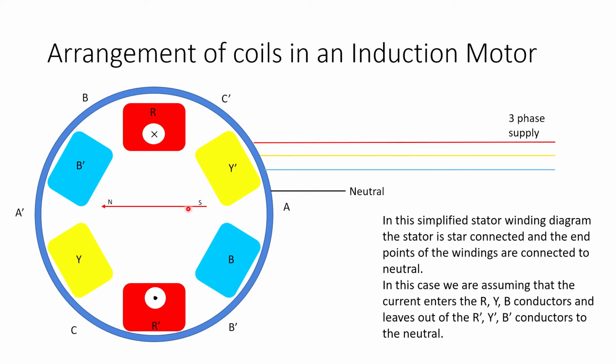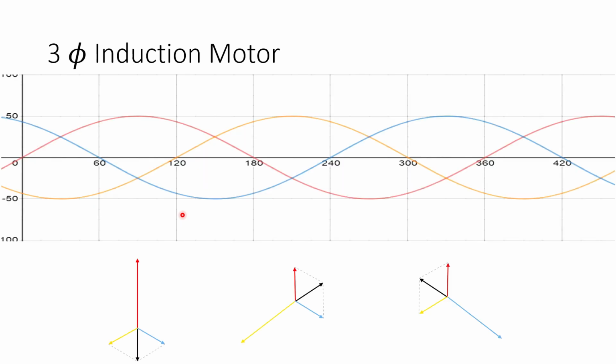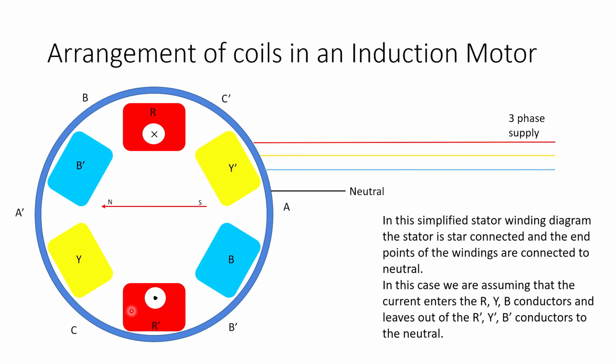This is the north pole and this is the south pole, and this is the magnetic field at this instant when R is maximum, which we looked at in the previous slide. Here R is maximum, and at this instant the magnetic field is somewhat like this. Similarly, when the current in Y phase is maximum, we get a magnetic field in the B dash direction with north pole here and south pole here.